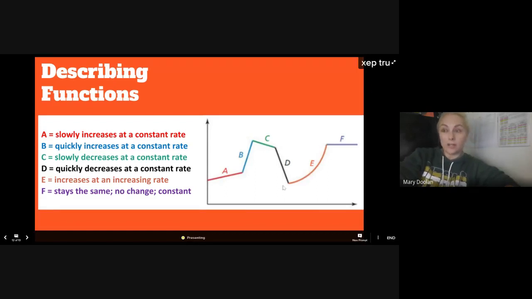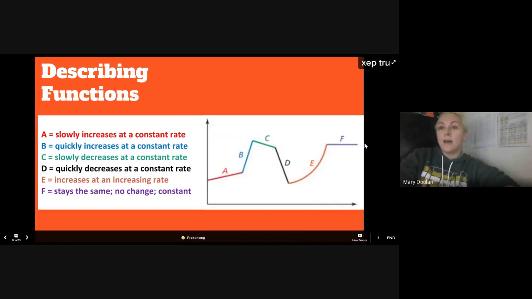So it could be like a car that's speeding up and going quicker and quicker, instead of like a car that is in section A, just slowly increasing at a constant rate, where the speed is going up, but it's not accelerating.